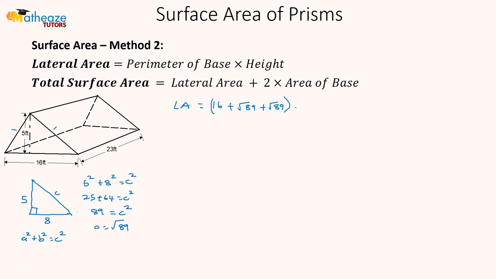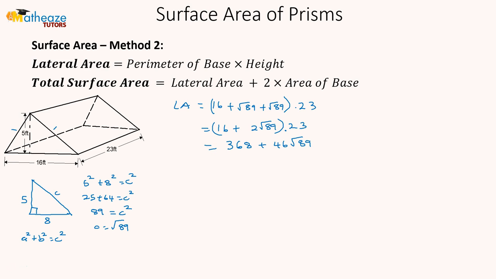Actually, the height is 23 because the height joins the two faces together. We have a triangular prism, so we're joining the two triangles together, and that is 23. So this is going to give us 16 plus 2 square root of 89 times 23. So this is going to give us 368 plus 46 square root of 89.